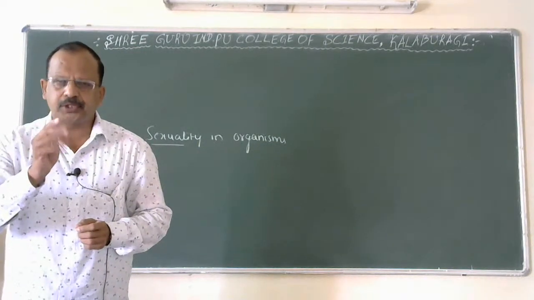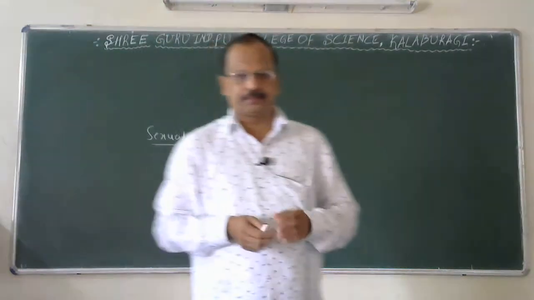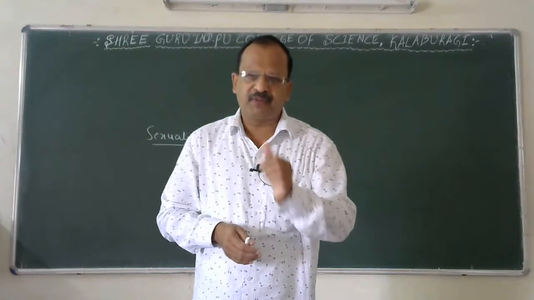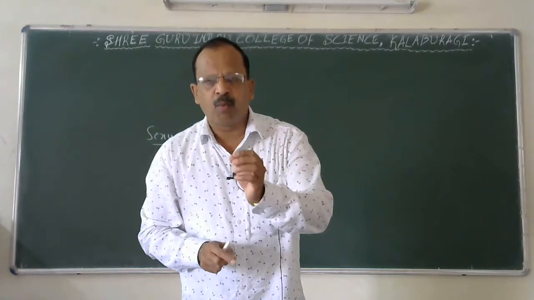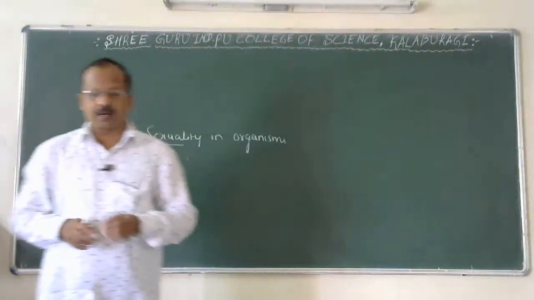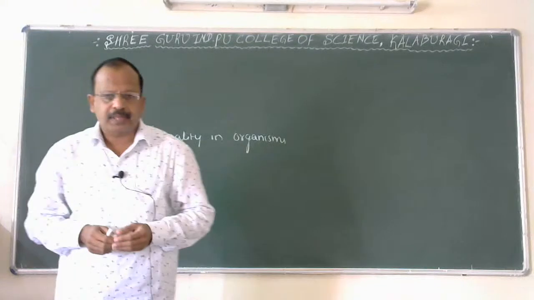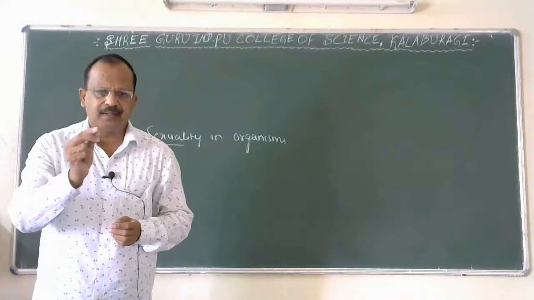Members of the androecium are called stamens, composed of two parts, anther and filament. Gynoecium is the fourth and innermost floral whorl. Members of gynoecium are called carpels, and each carpel is composed of three parts: ovary, style, stigma.